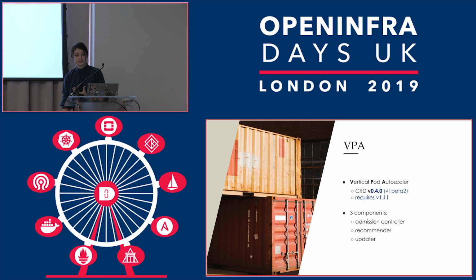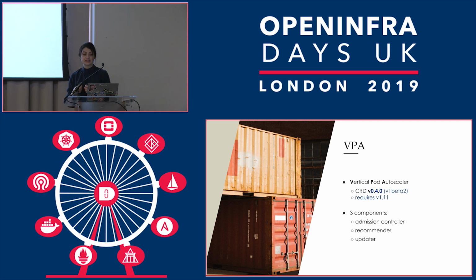The VPA is composed of three components. You're going to have an admission controller, a recommender, and an updater. The recommender is going to look at your metrics, let's say, for the usage of your application in terms of CPU and memory, and compute some values of what your application actually uses now and what it actually requires at the time.